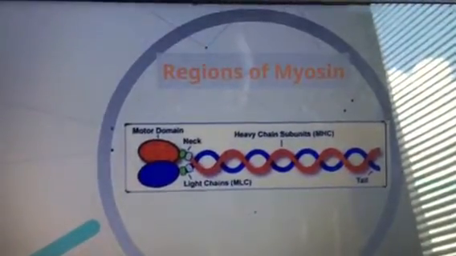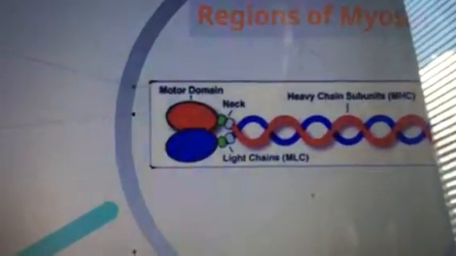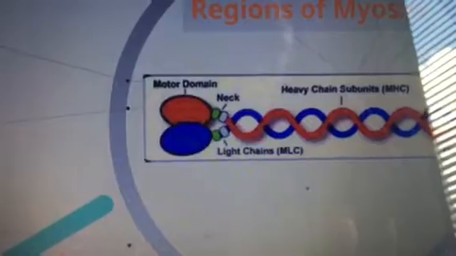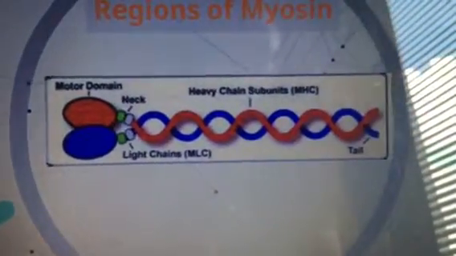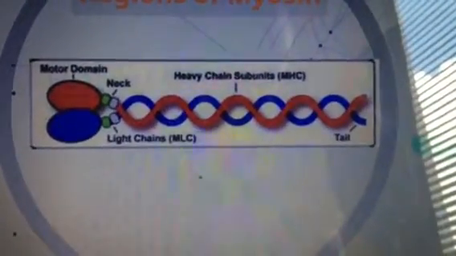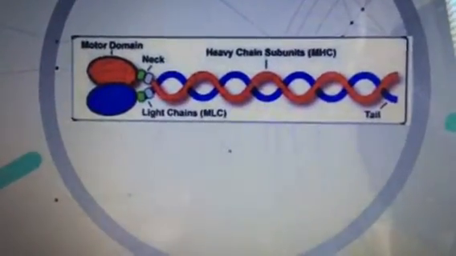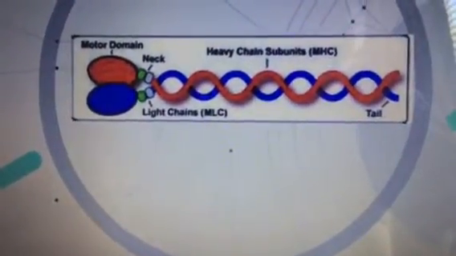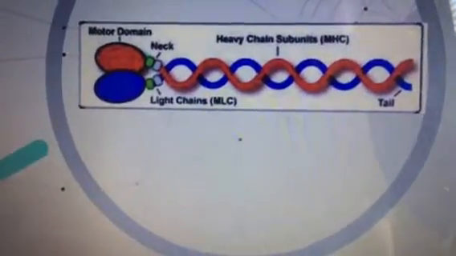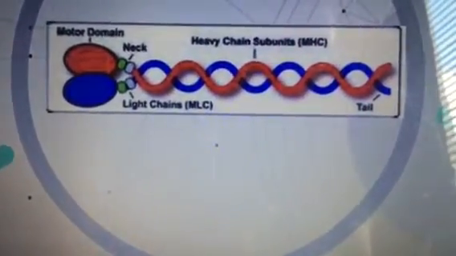Alright, this is another picture describing the regions that I just said. So there you have the neck, which is the linker. And you have the tail, which clearly is interacting with something else that's not included in this picture, but you can see that it's going outward and going to interact with something else.